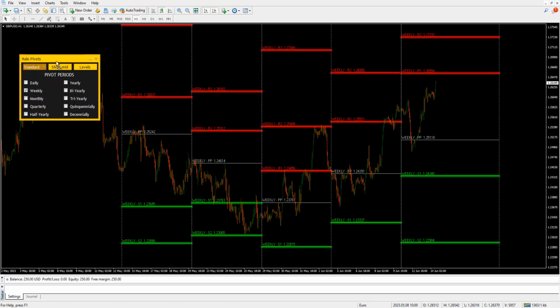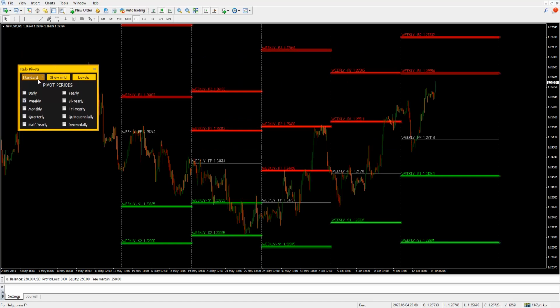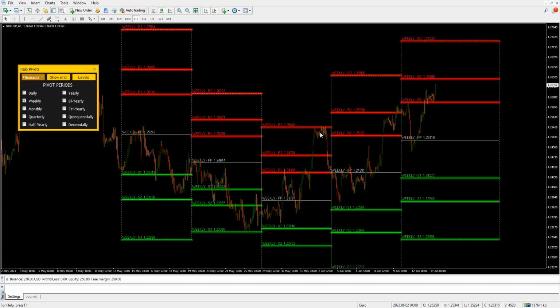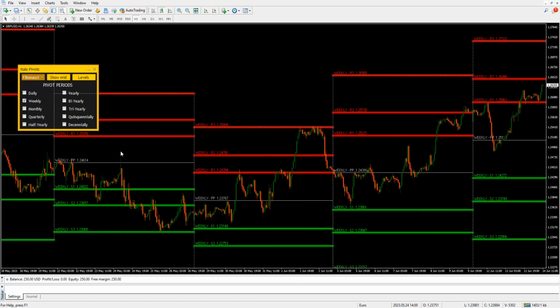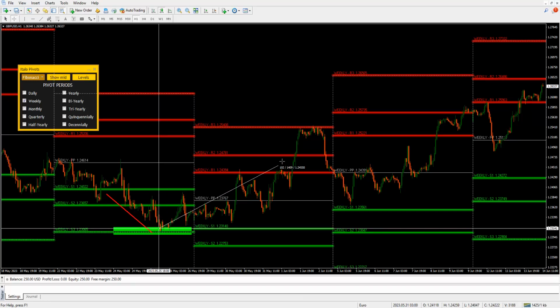Cool, right? And here, again, you have all kinds of pivot types. Standard, Fibonacci, let's see. Fibonacci pivots are a little bit different. Here we already have a reversal of price. Take a look. Here the price goes down, and then on weekly S3, weekly support 3, the market rejected and then gave us more than 2,000 points.